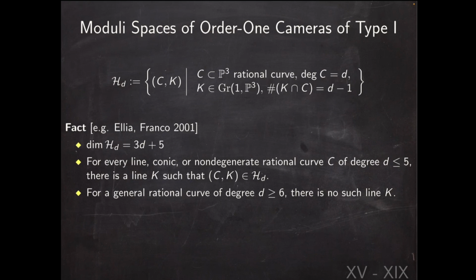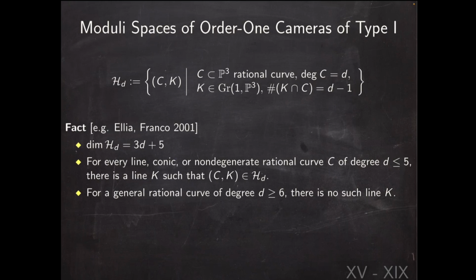So that means, and I try to say things from both the engineering and the algebra perspective, this fact is already very interesting for the engineers, because it tells them that for curves up to degree 5, you can use any curve to model an order 1 camera. For higher degree curves, you cannot.